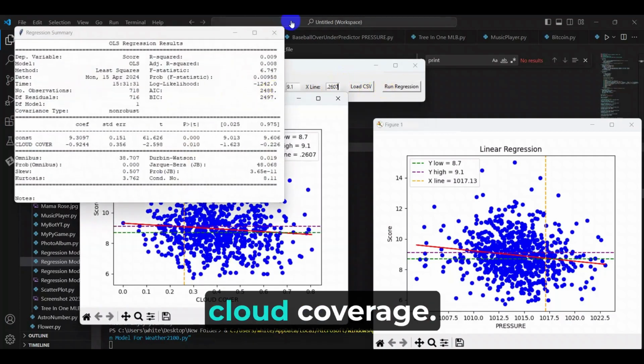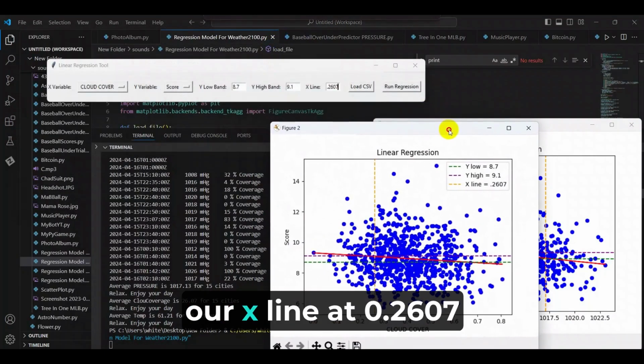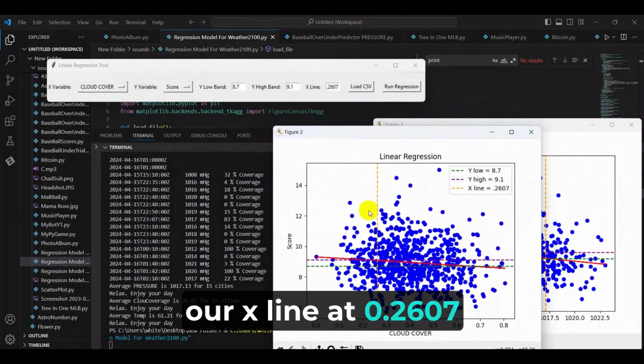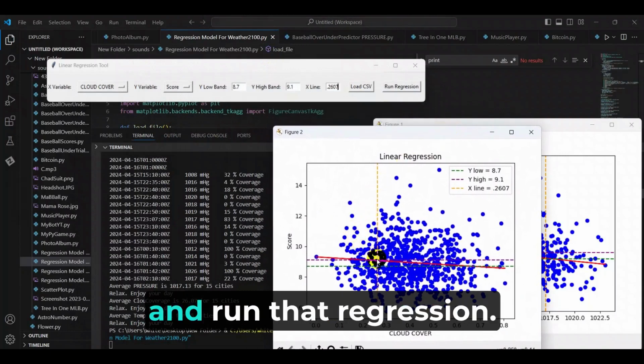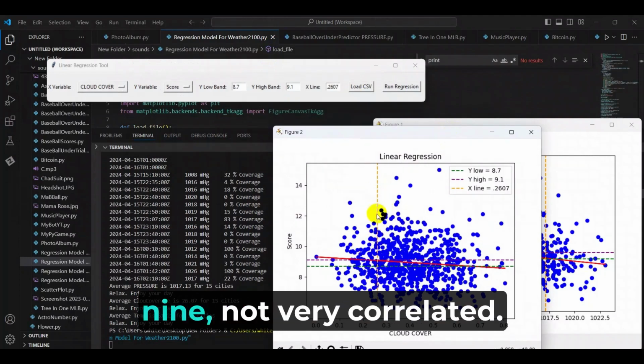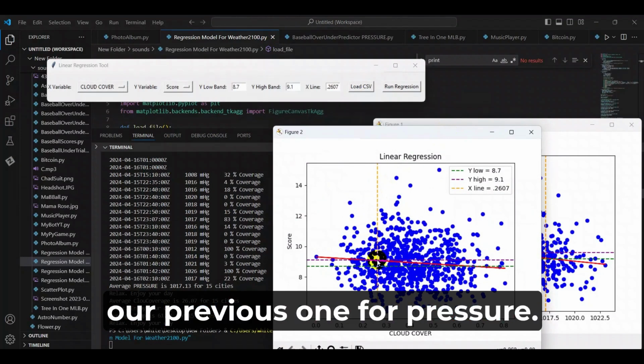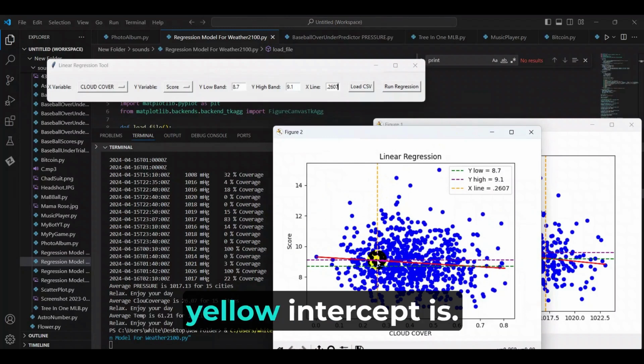We can also check our cloud coverage. Cloud coverage is at 26.07%. So we'll put that into our X line at 0.2607 and run that regression. Correlation of 0.009, very correlated. Our red line isn't as slanted as our previous one for pressure. And we can see where our yellow intercept is.